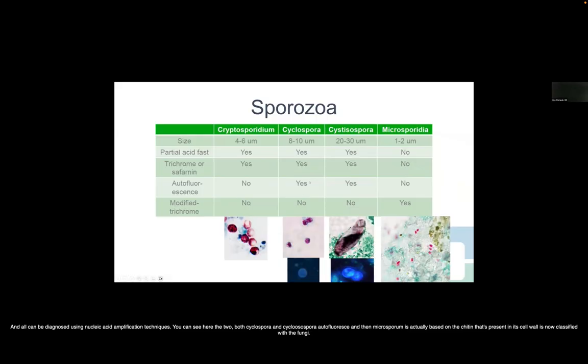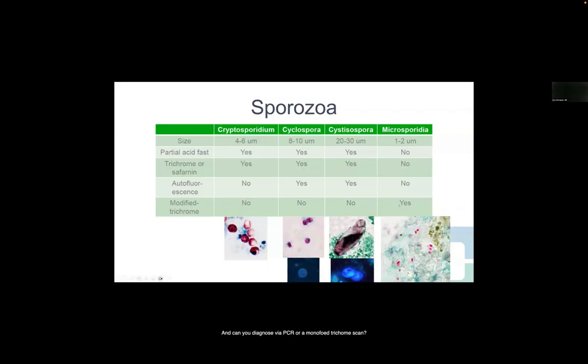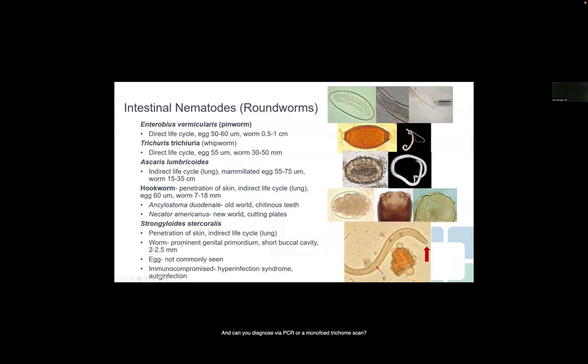You can see here that both Cyclospora and Cystoisospora autofluoresce, and then Microsporidia, based on the chitin that's present in its cell wall, is now classified with the fungi, and can be diagnosed via PCR or a modified trichrome stain. So in the couple remaining minutes, we'll try to cover the helminths real quickly.